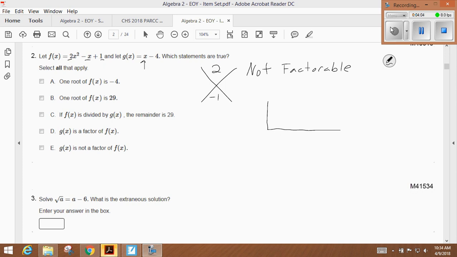Because the coefficient of x is 1 and the degree of that is 1 as well. So remember when we're doing synthetic division, I'm going to put this 4 here, but it's going to have the opposite sign.